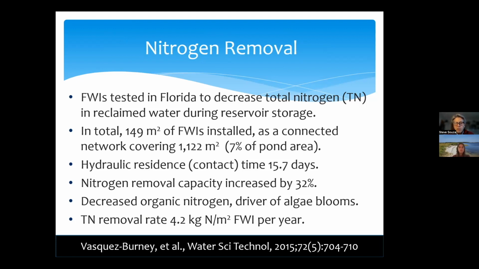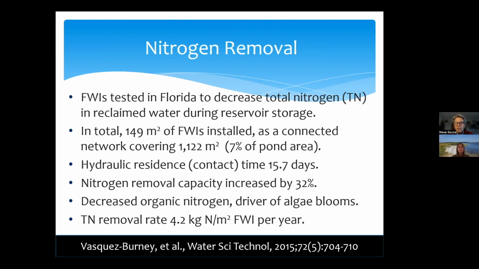In this particular study that was published by Vasquez and Burney in 2015, they did find that these floating wetland islands were capable of removing about 4.2 kilograms of nitrogen per meter squared of floating wetland islands.